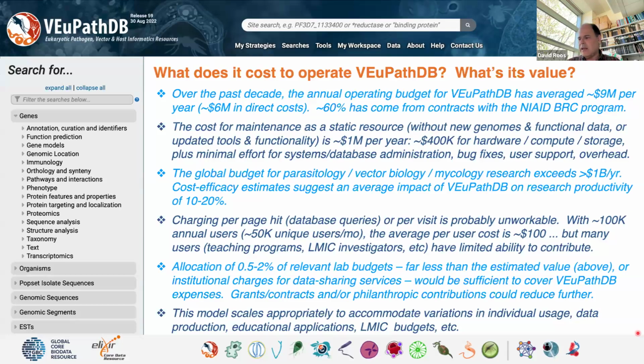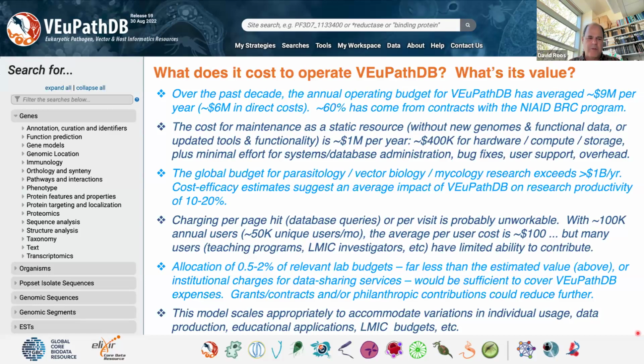But while there has been a wide range of estimates of the impact on individual labs, some have said 2%, some 20%, some greater than 50%. I have to say, I think that anyone who says that the impact of VEuPathDB resources on their research program is greater than 50% is probably wrong. If these resources were to disappear entirely, it would not shut down the operations of many labs, but it would make work substantially more difficult.